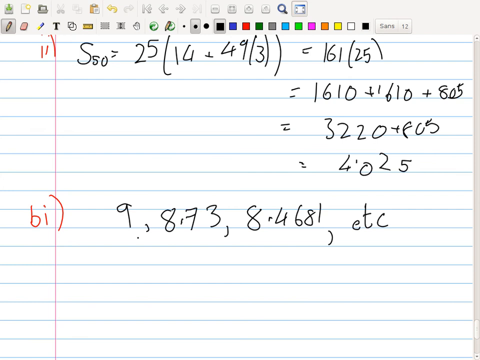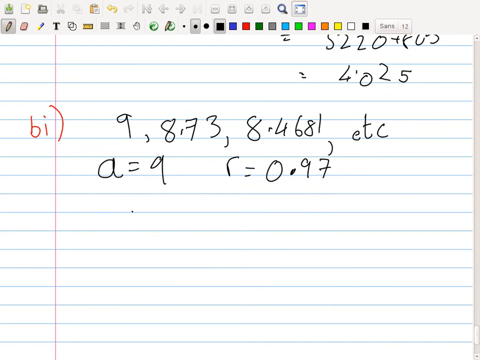It'll be GP, where a is equal to 9 and r is equal to 0.97. But they give you that in the question also. So they just want the formula for un. So un equals a r to the n minus 1.